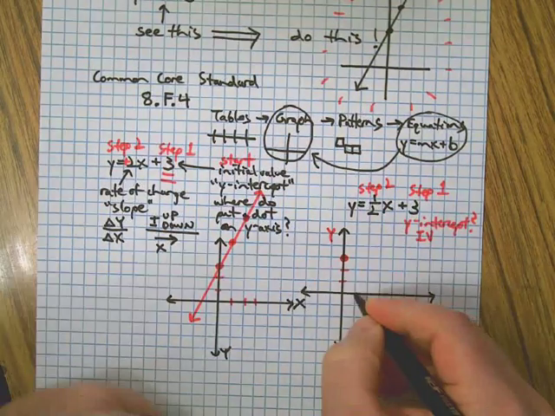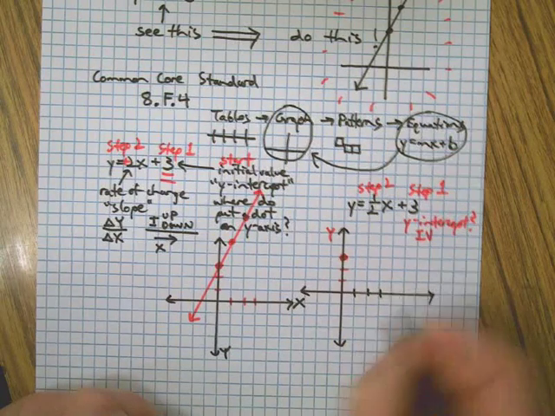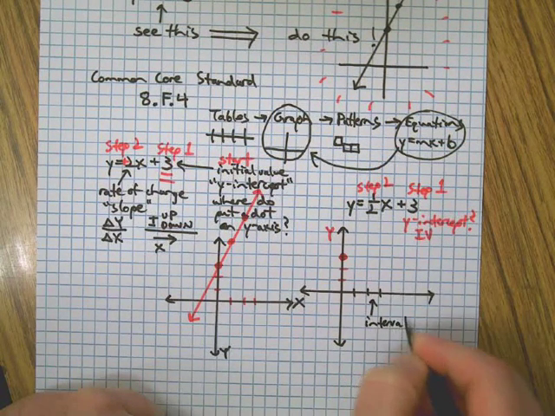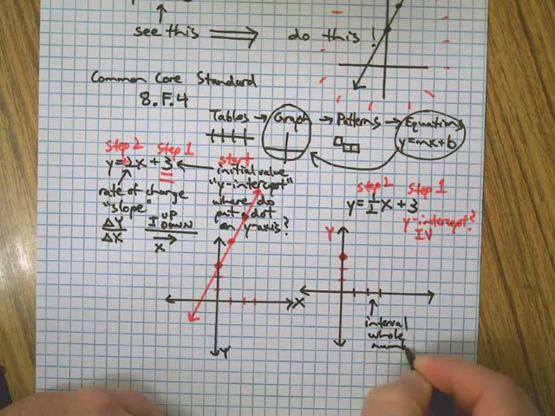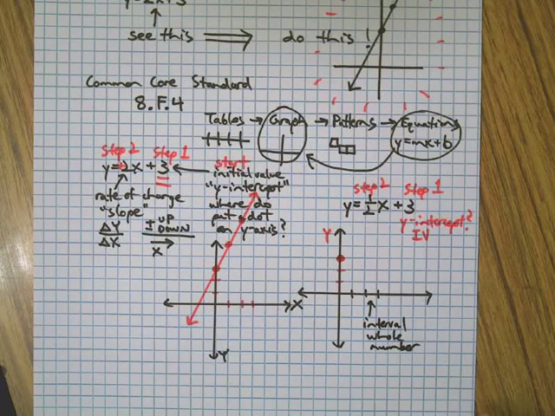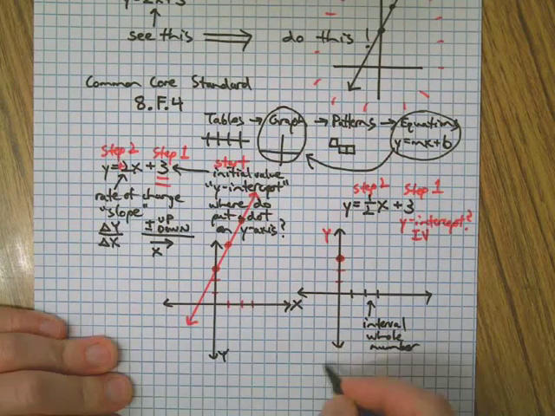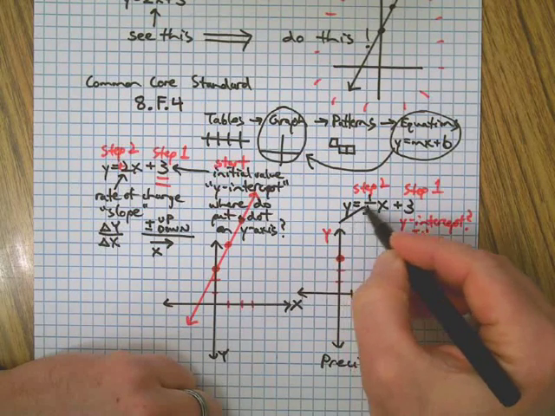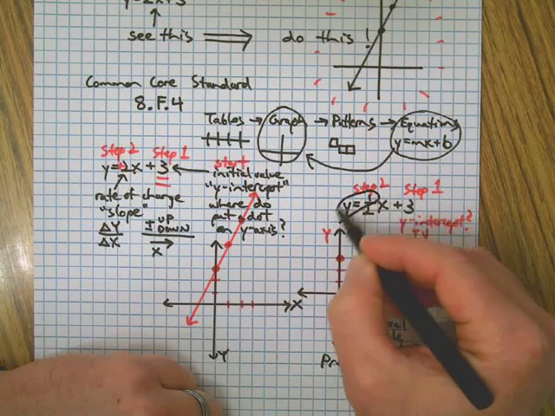The problem is with most graphs, the intervals are whole numbers, and we don't like to estimate when we're making a graph. We like it to be precise. So how can we make a precise graph with a fraction? The answer is simply this. We kind of split this up. Or this is how I do it.